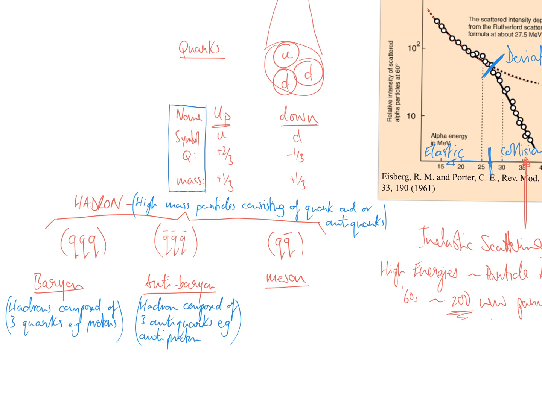And a meson, finally, is a hadron composed of a quark and antiquark, e.g. a pion.